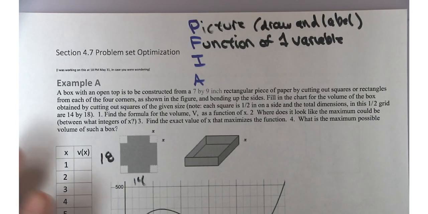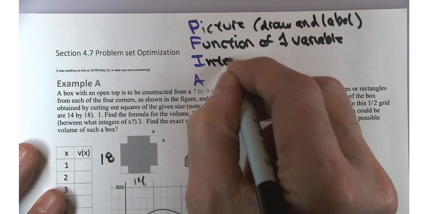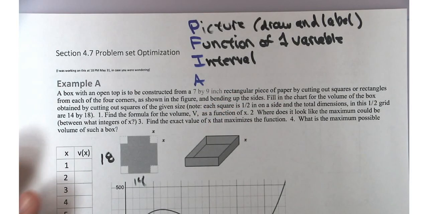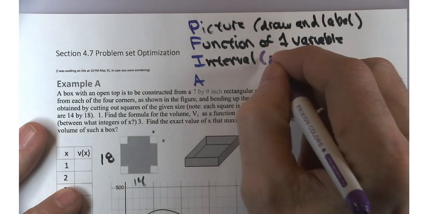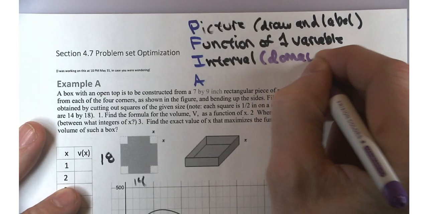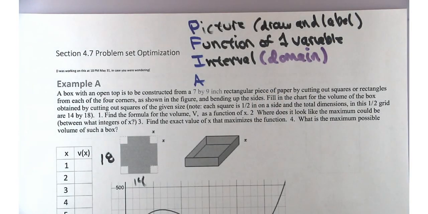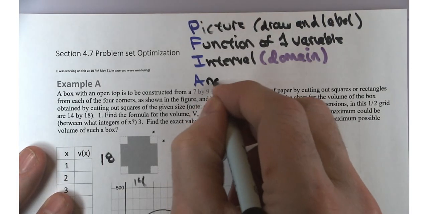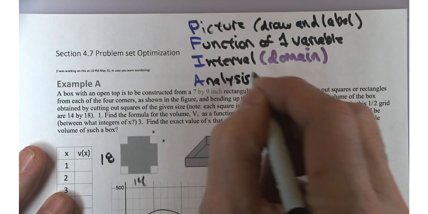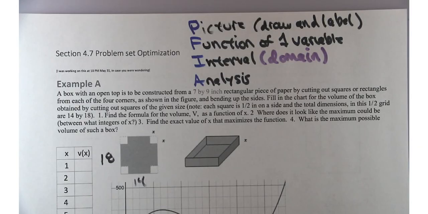The I is your interval. What you want to figure out is, what's the domain relative to the problem? Not necessarily the domain in general, the domain relative to the problem. And the last part is the analysis. That's going to include derivatives, finding maximums and minimums, etc., enough to satisfy the conditions of the problem.